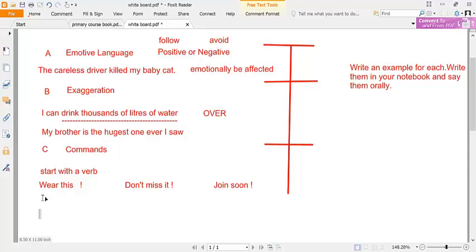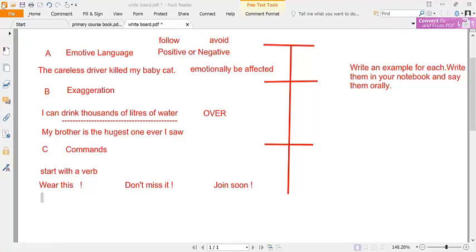You mean it's very hot? Yes, okay. The third, command: take this. Okay, correct. Thank you.